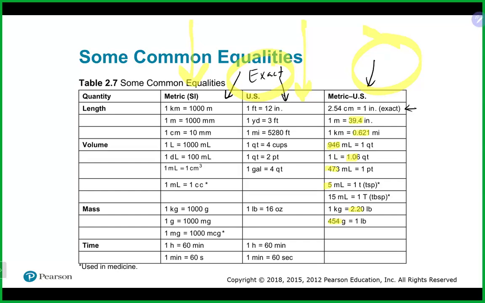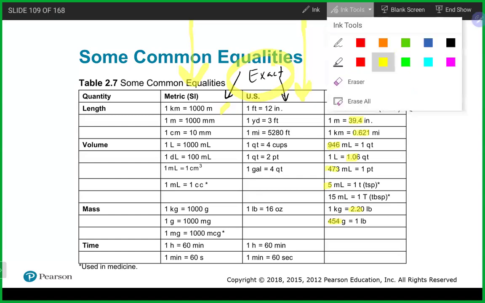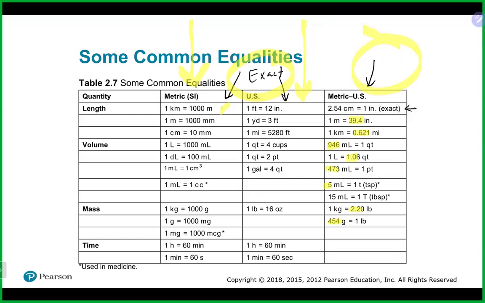So, in addition to obviously whether to ignore these conversions or equalities in terms of their significant figures, this is a good reference table that you might need along the way. But some of these ones, we do use a lot, like I mentioned before. We do definitely see kilometers and meters. We also see milliliters and liters, cubic centimeters, grams, and so forth there.